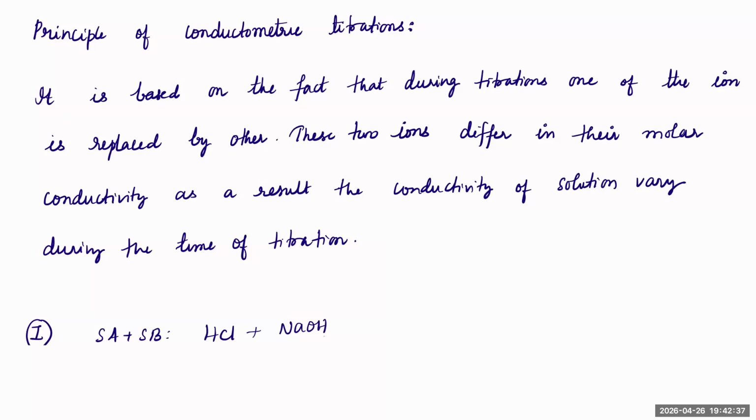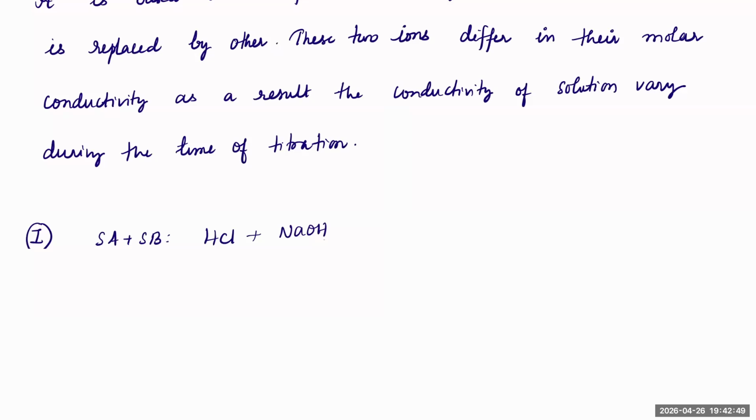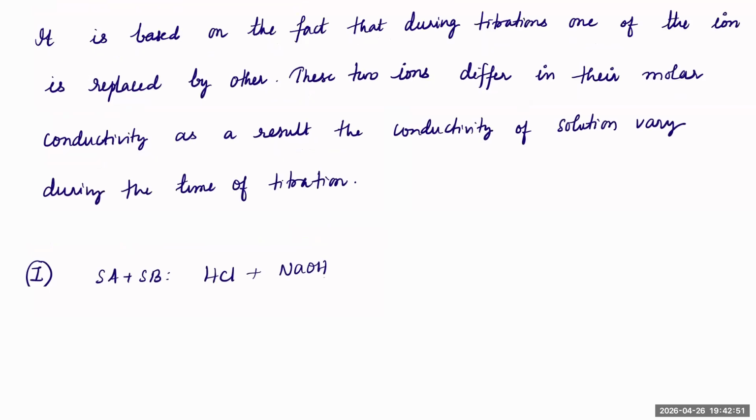Because we are getting a formation of a salt. So H plus is being removed, Na plus has been replaced. Correct? That is exactly what we are trying to understand here. So when it comes to any type of acid-base reaction, there is always a replacement of ions, and it is the replacement of ions which will result in either an increase or decrease in the molar conductance.